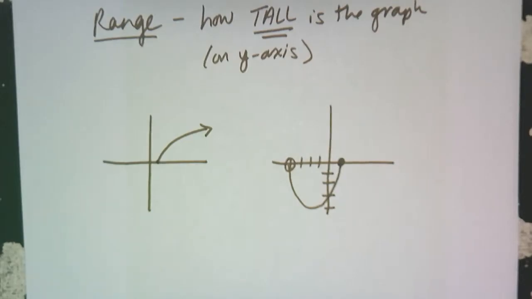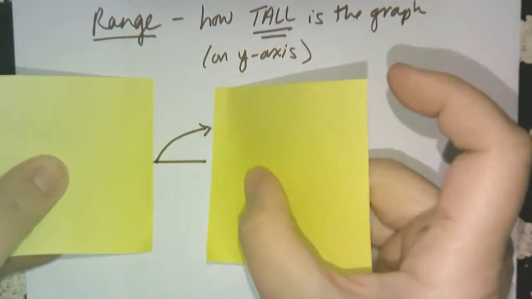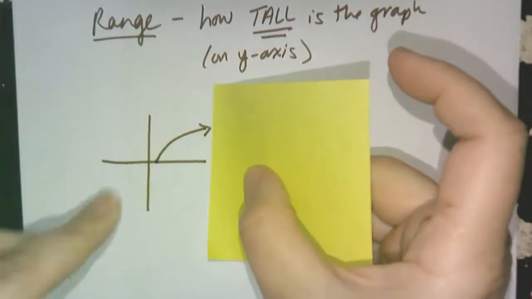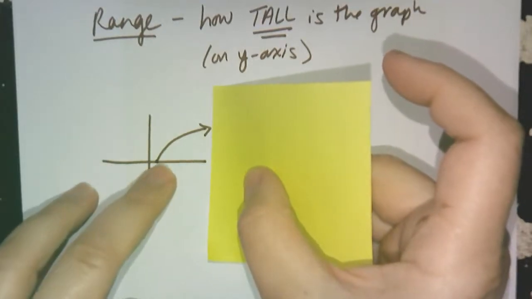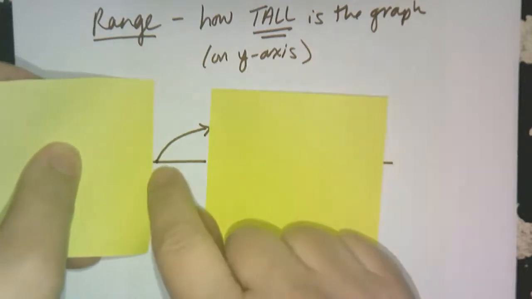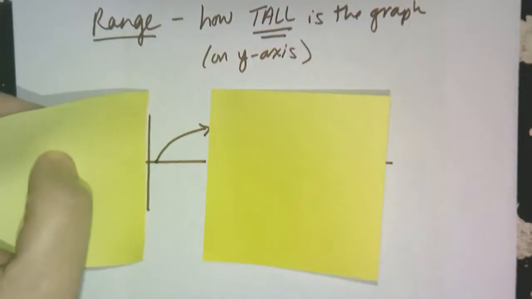On the x-axis, how wide is this picture? It looks like my picture is right there, correct? Width-wise, there's nothing to the left of what number? 1. So my first x value should be 1. The arrow means it goes on and on forever to the right, correct?